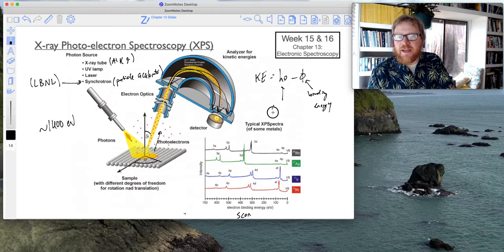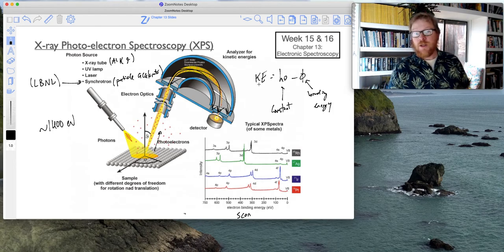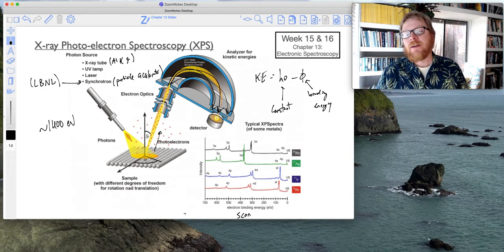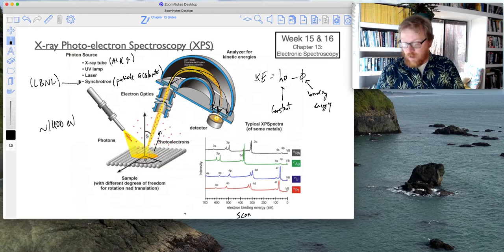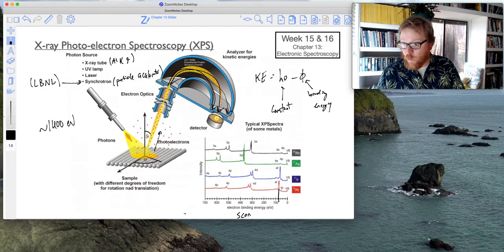So the h nu, the incident radiation, is constant. So by scanning different kinetic energies, right? And knowing that this energy is constant, we can measure the binding energy of various electrons in atoms. Okay, so for example, if we look at platinum, here we can see at a very low binding energy of, let's say like 90 electron volts, we find 4f.